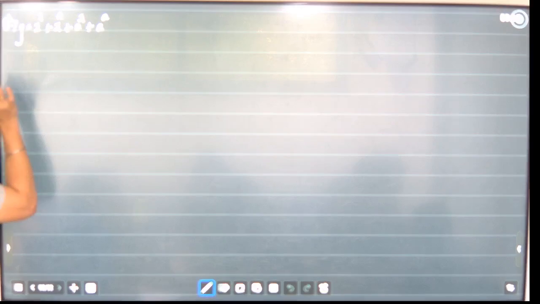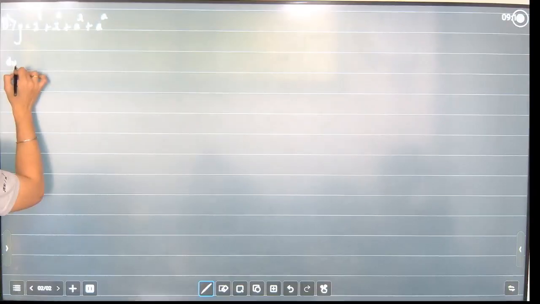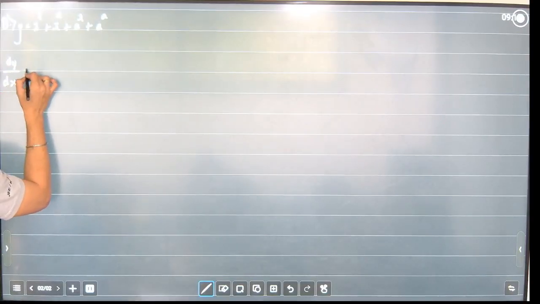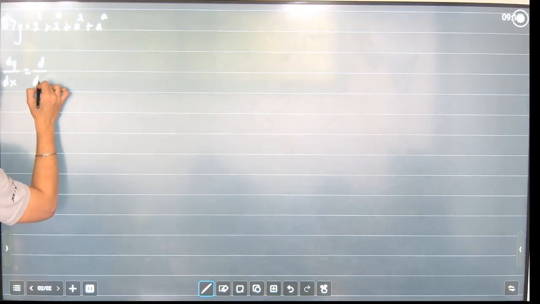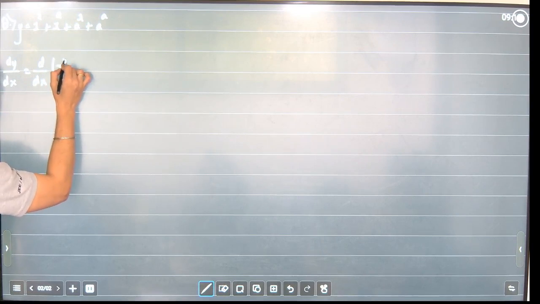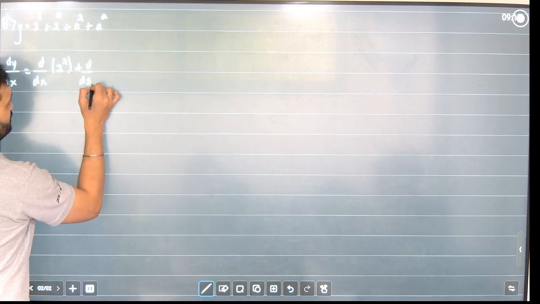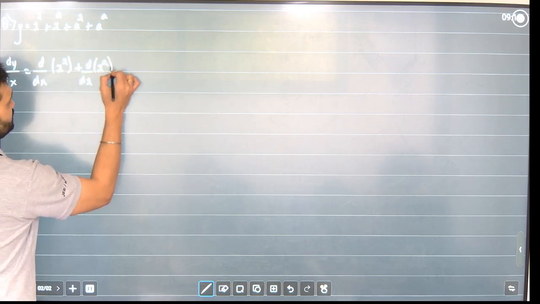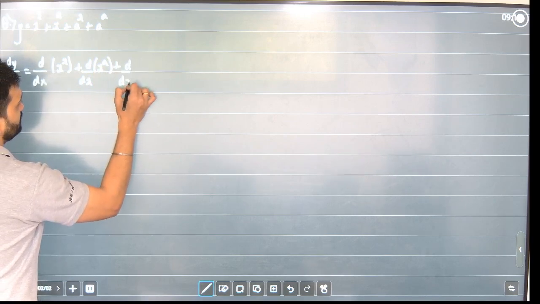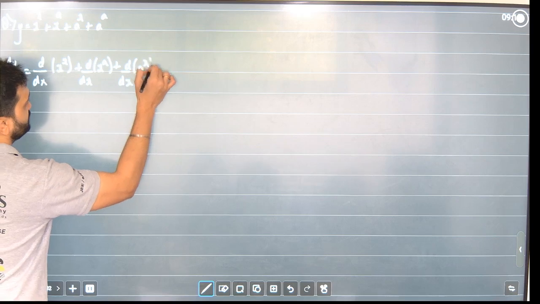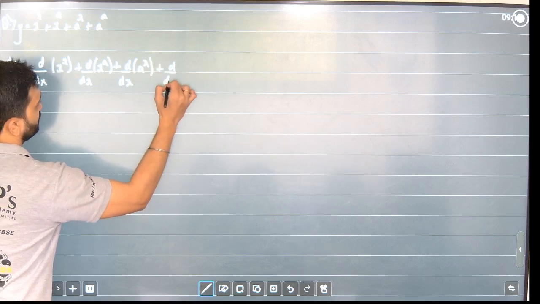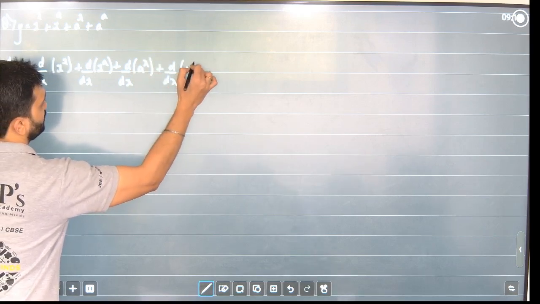So when I solve this, see what I'm going to do. dy by dx is nothing but d by dx of x raised to x plus d by dx of x raised to a plus d by dx of a raised to x plus d by dx of a raised to a.